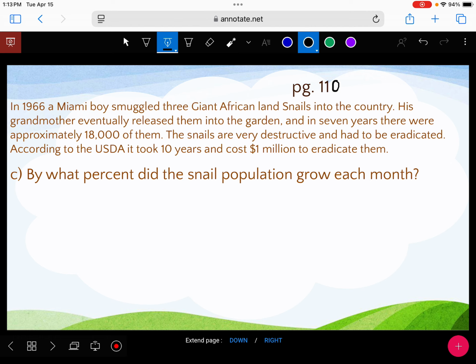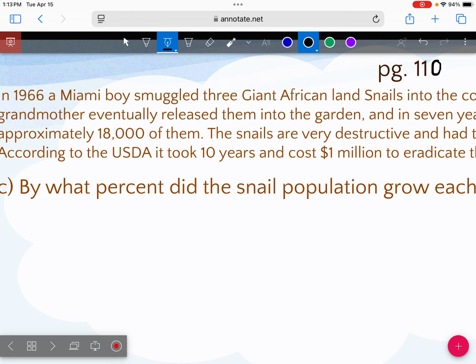So on one like this, we'd set this up the exact same way we did for the first one, where we started with 3 and wound up with our 18,000 snails. We're figuring out what our base is.